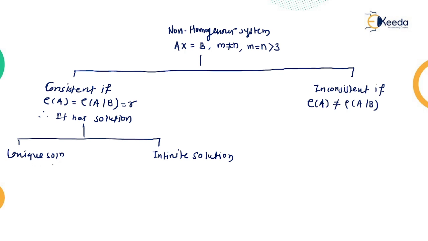If the system has a unique solution, then the condition is, very easy, the rank of A is equal to the rank of the augmented matrix AB is equal to the number of unknowns, denoted n.